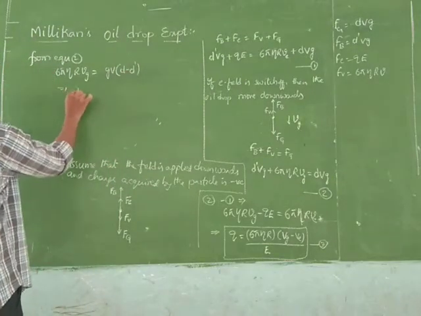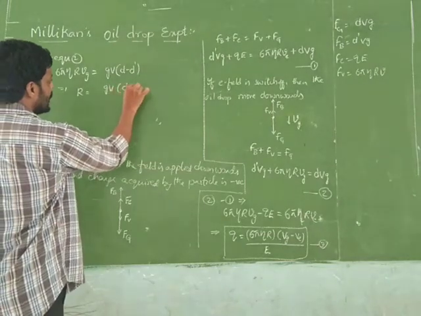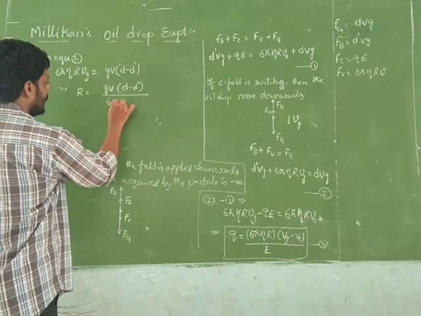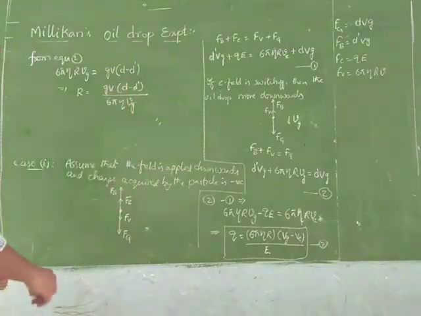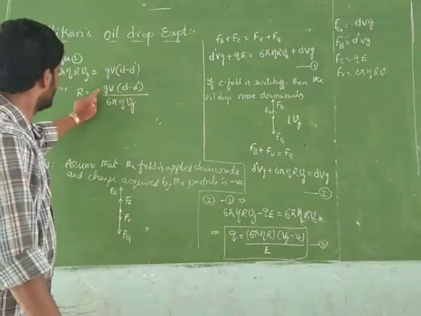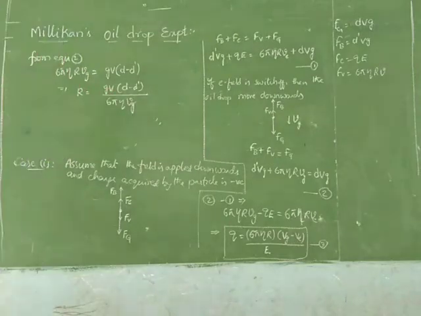From this we can say r is equal to ZV into (d minus d prime) by 6 pi eta Vz. This Vz indicates the terminal velocity due to the gravity. Z times V. V is the volume of the droplet. Am I right? Yes, volume of the droplet.